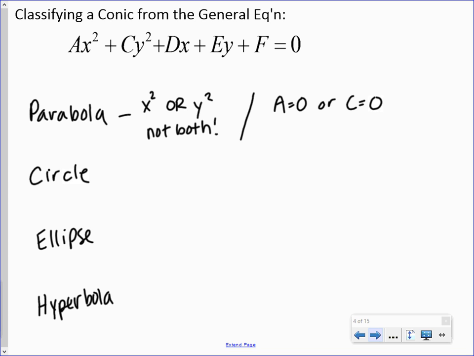What can we say about the x squared and y squared terms for a circle? Thinking back to your warm-up, what must be true about their coefficients? They must be the same, right? To be perfectly round, we have to have the same coefficient. So x squared and y squared have the same coefficients.